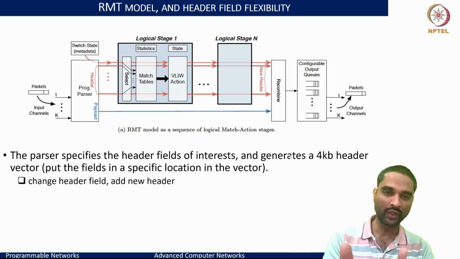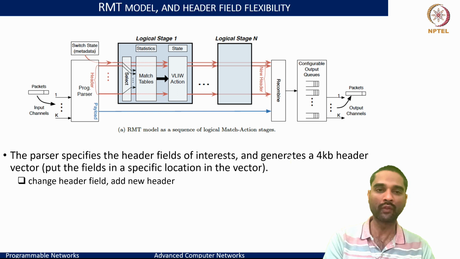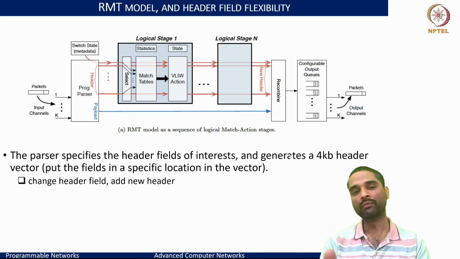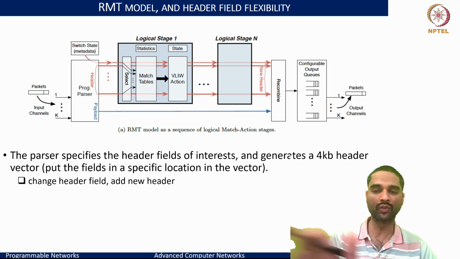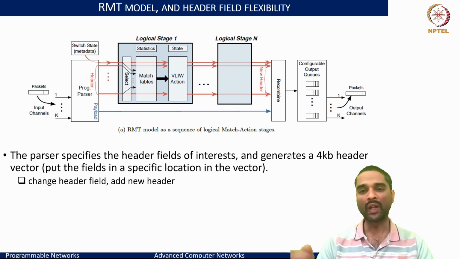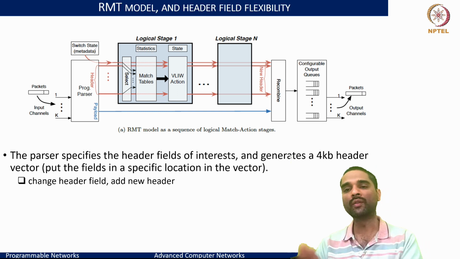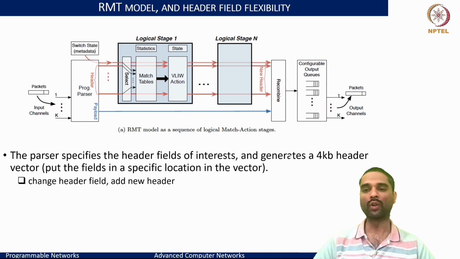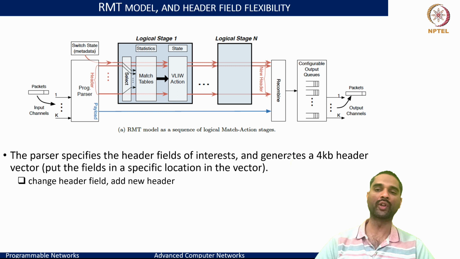The header, note that this need not necessarily be the same as what header you started with, because the headers may have transformations because of the actions that you would take in each of the logical stages. But add on the payload and recombine the packets and then set it appropriately for the outgoing configurations. And again, the output channels or the ports on which you would want to send out the packets can be set up.